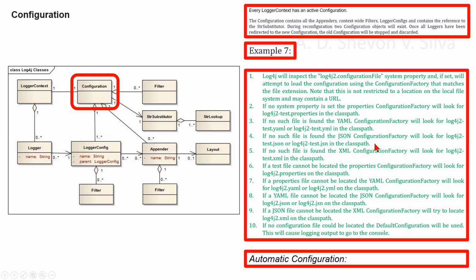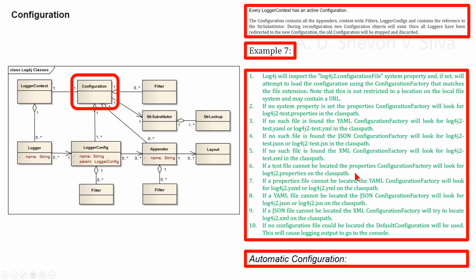Step 4. If no such file is found, the JSON configuration factory will look for log4j2-test.json or log4j2-test.jsn in the class path. Step 5. If no such file is found, the XML configuration factory will look for log4j2-test.xml in the class path.